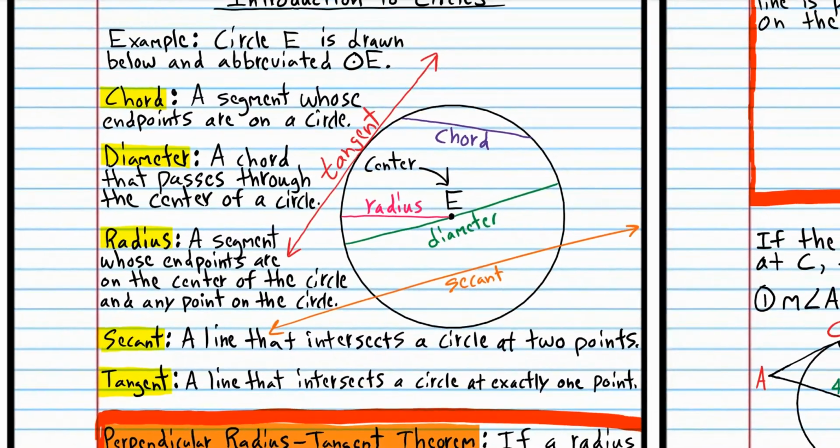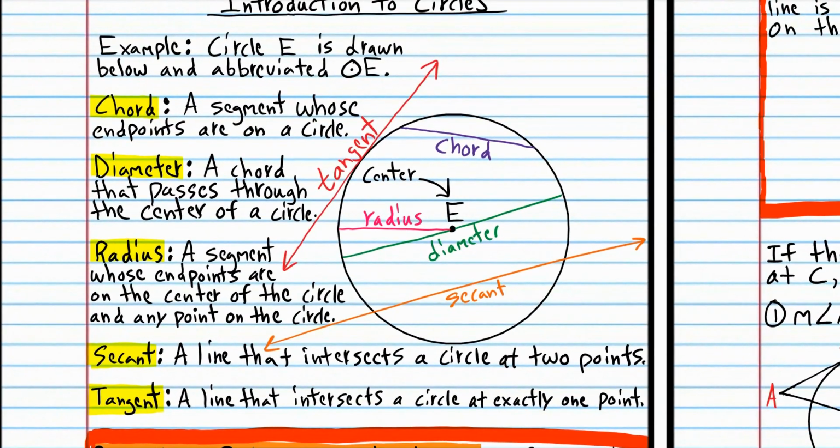A chord is a segment that goes from one end of the circle to the other end, or one part of a circle to another part. There's a special chord called a diameter, which goes through the center of the circle, and if you take half of that diameter, you end up with a radius.